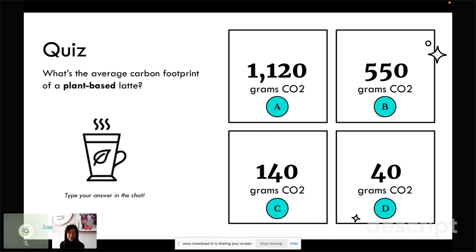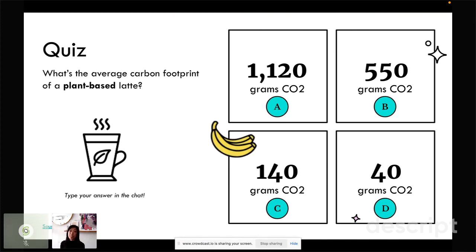John and Wendy and Crystal also say C. We've got lots of C's. We've got a D as well. I think everyone's sort of getting the hang of it. So the answer is C. So dairy latte is 350 grams and a plant-based latte is 140 grams.